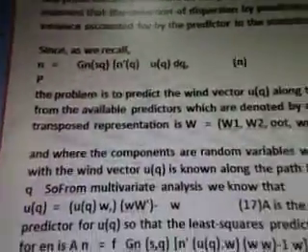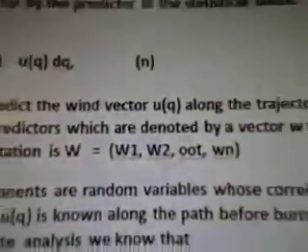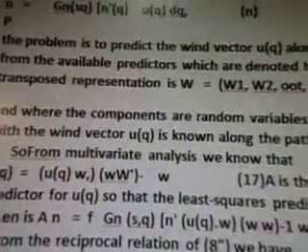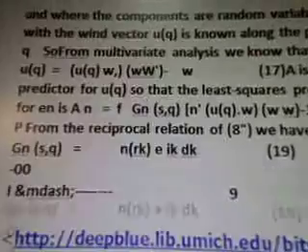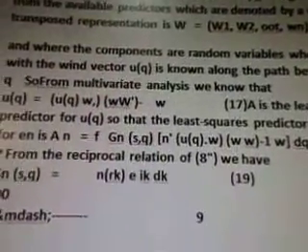Since, as we recall, n equals this and this and that, the problem is to predict the wind vector, UQ, along with the trajectory from the available predictors, which are denoted by a vector W, whose transpose representation is W, and equals that, and where the components are random variables whose correlation with the wind vector UQ is known along the path before burnout.